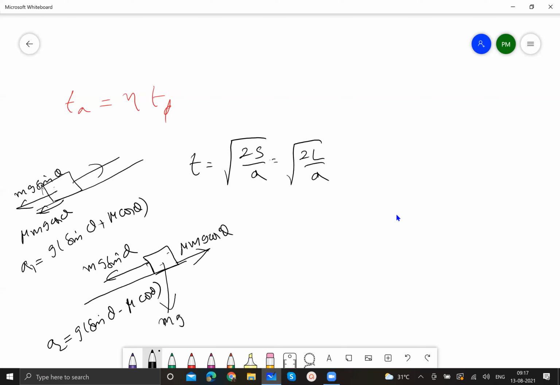So now let us use these equations. TA, 2l by a1, is eta times 2l by a2. So substitute the values, square it on both sides.